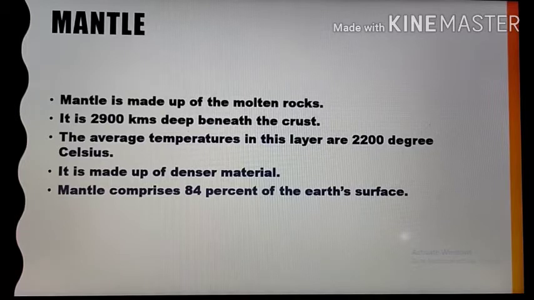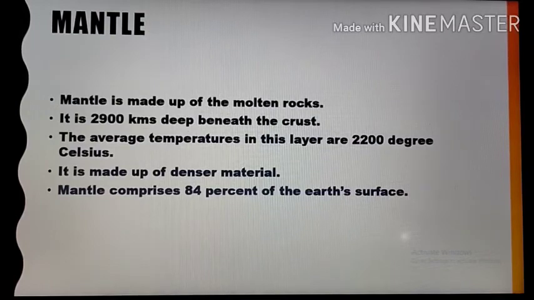The inner mantle is entirely solid. It is a transitional layer of mixed metals and silicates. The average temperature in this layer is 2200 degrees centigrade. This means that the temperature in this layer ranges from 1100 degrees centigrade to 3600 degrees centigrade.